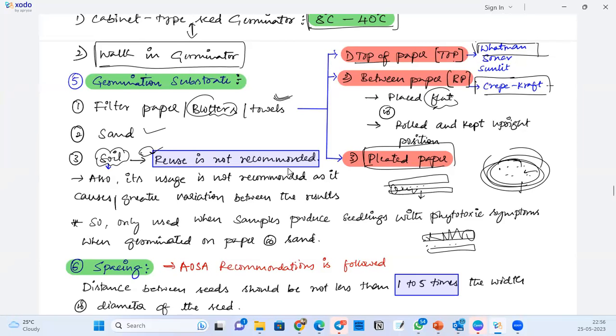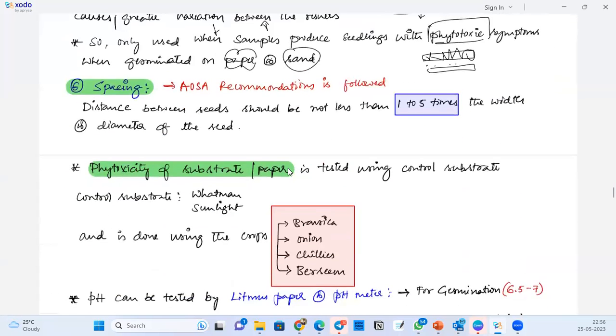That is why it is usually not recommended to do it on soil, but when we do not have any other facility, we go for the soil. Another thing is, whenever it produces some phytotoxic symptoms when germinated on paper or on sand, then only we will use soil as a substrate. The spacing, you don't have to worry about it.